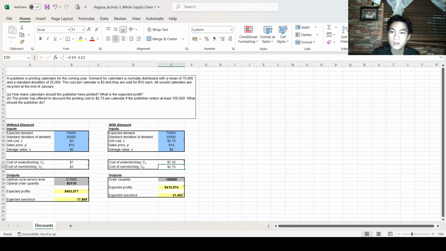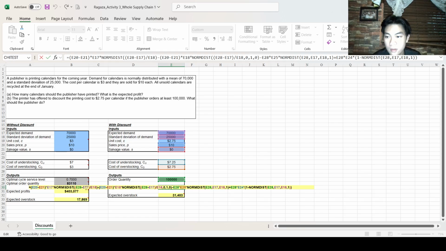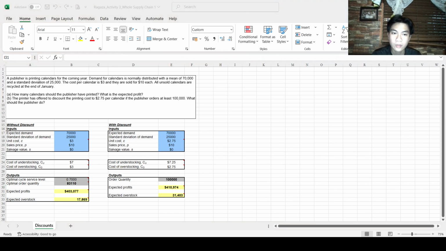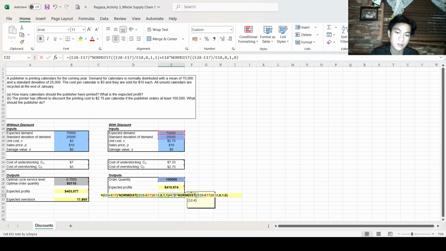For the outputs with the discount, as stated in question B, the order quantity is 100,000, and the expected profit is achieved by the same formula as without a discount, resulting in $410,974. The expected overstock for this section with the discount is 31,403, and this is the formula.